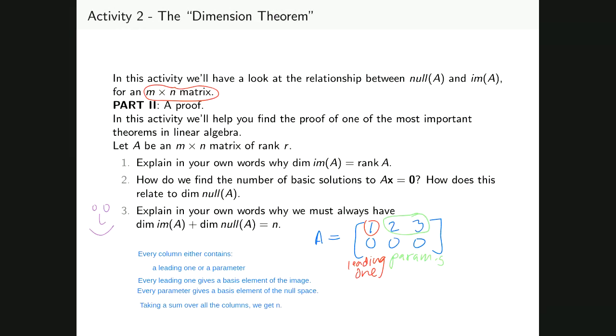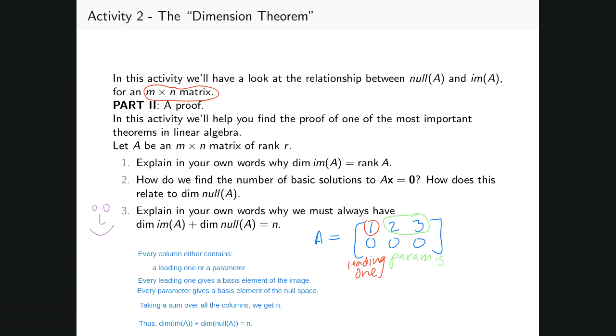So it follows that the dimension of the image of A plus the nullity of A must equal the number of variables, or the number of columns in our matrix.